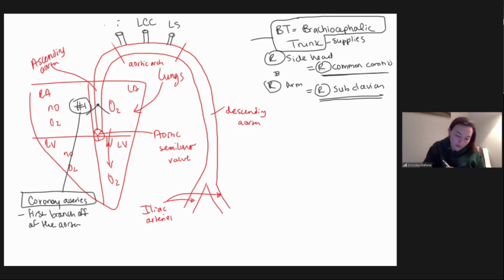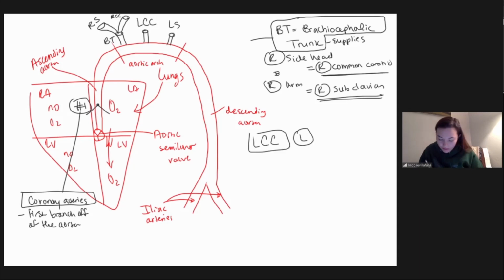So I'm going to try to draw that. Basically I'm showing you that there's a branch here and here. This would be RS and RCC, and then down here, brachiocephalic trunk. The left CC, the left common carotid, is going to supply the left side of the head.